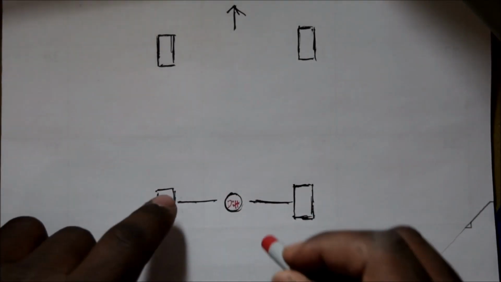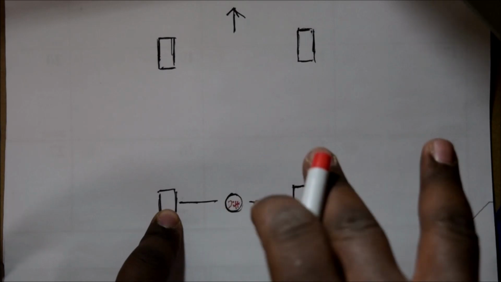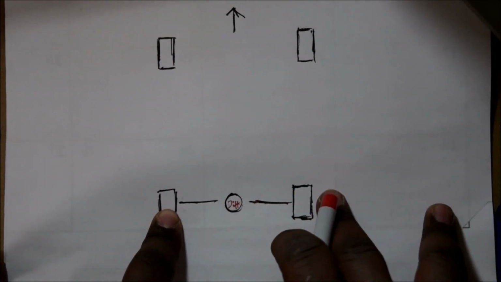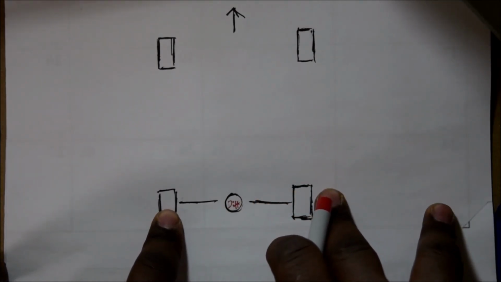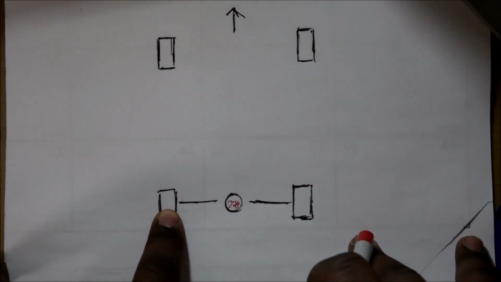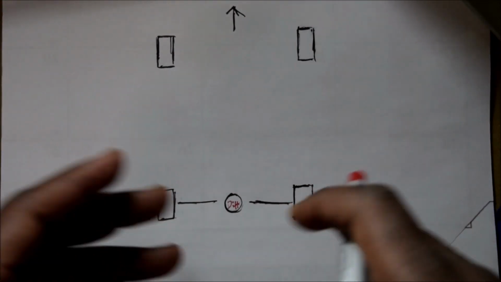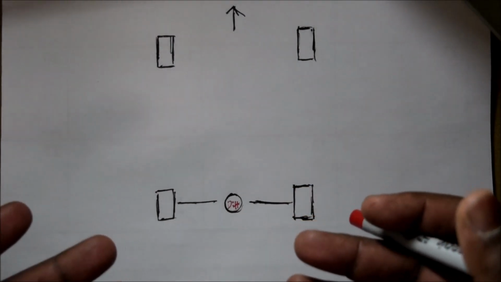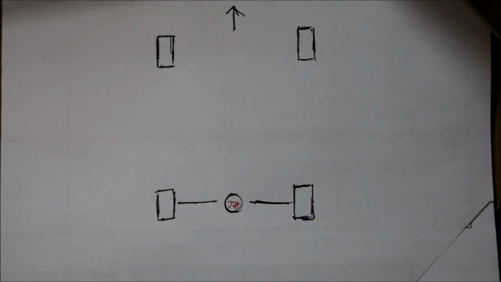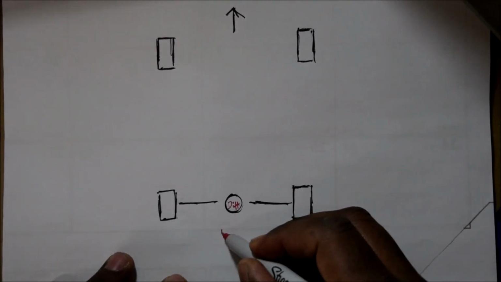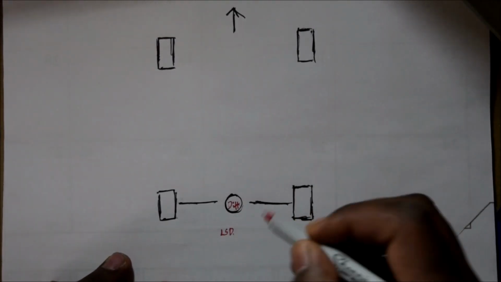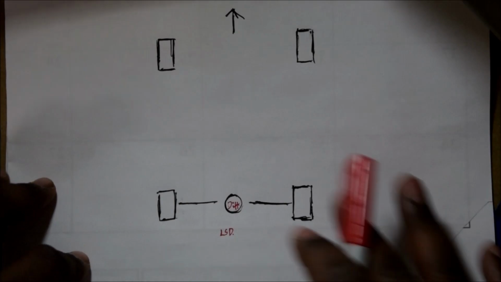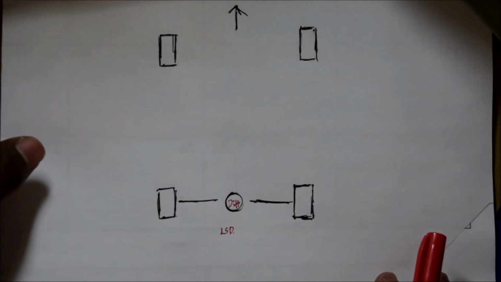So that's what a differential allows you to do. There's a really good video by GM, one of the older videos by GM. I'll link that in the description so that it can explain why you need a differential and how a differential actually works. Okay, and I'll put LSD here. We'll come back to that. We'll explain that later.